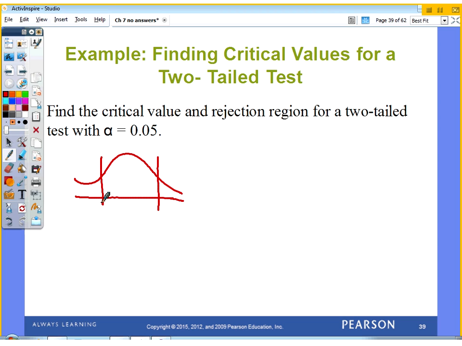So we've got to make sure that we divide alpha by 2 so that we get the same amount for both sides, which in this case would be 0.025. Then going to your table and reading it backwards like we've had to do several times, you should find that your critical values would be positive and negative 1.96.